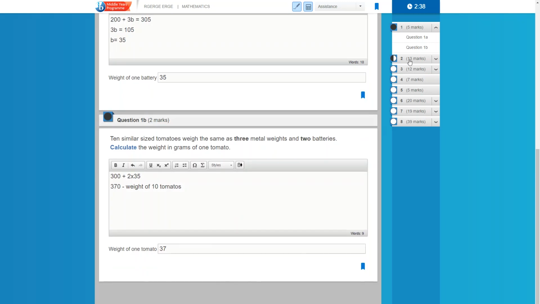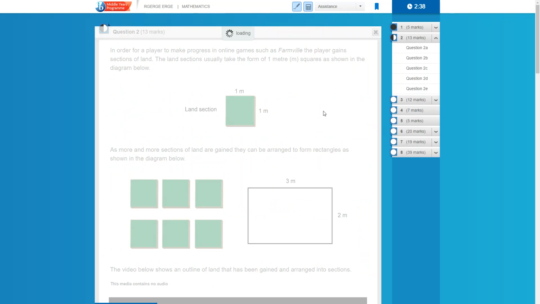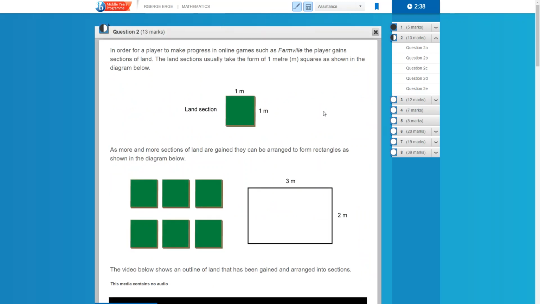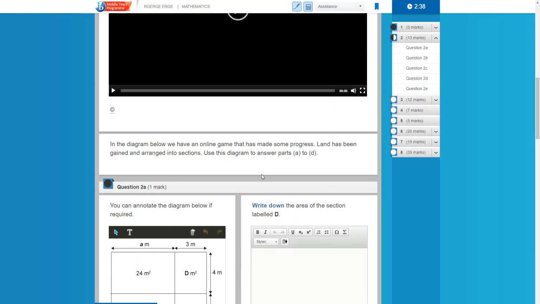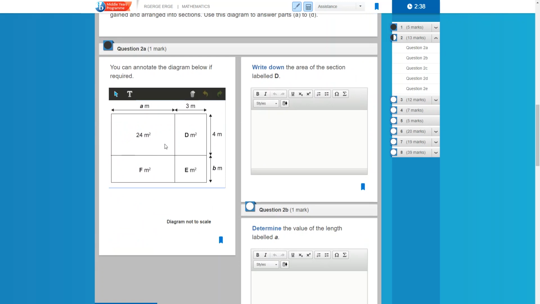Alright, question 2. We've got a section of land, 1 meter by 1 meter. If I just go down to the questions, you can annotate the diagram if required. Write down the area of the section labeled D. It's a rectangle, length times breadth, that is 12.